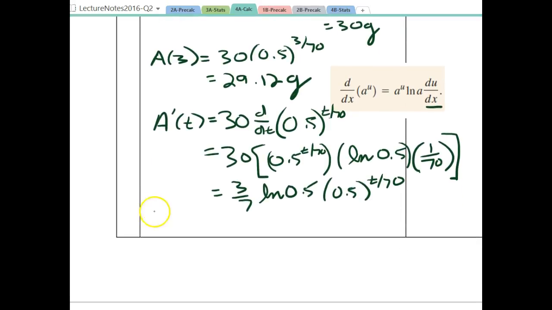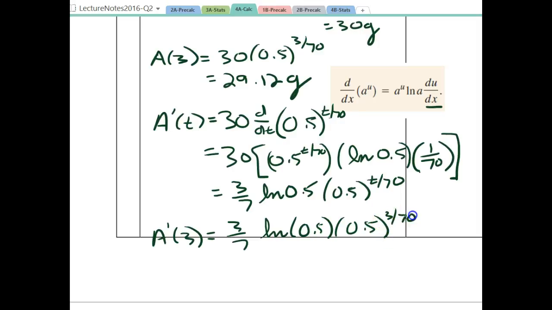Now I want to find out what the rate is after 3 days, so I'm going to find A prime of 3. So I have 3/7 times the natural log of 0.5 times 0.5 raised to the 3 over 70. Now we've already evaluated this, but without the 30.